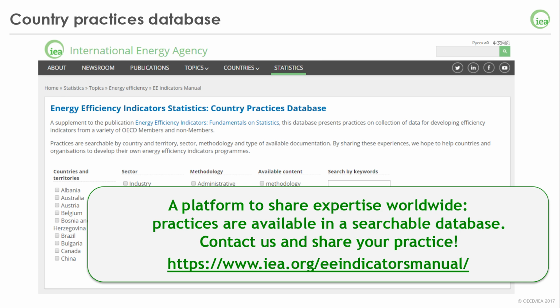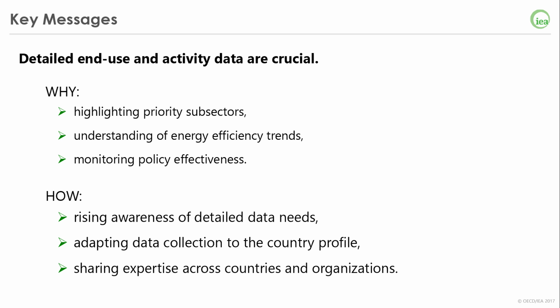And finally, some main key messages from the presentation. First of all, detailed end-use energy consumption data and activity data are crucial to monitor energy efficiency. Always, you need to look first at the priority sectors.